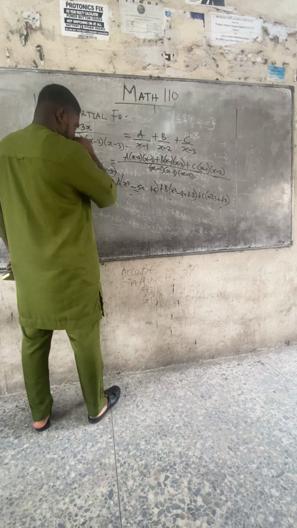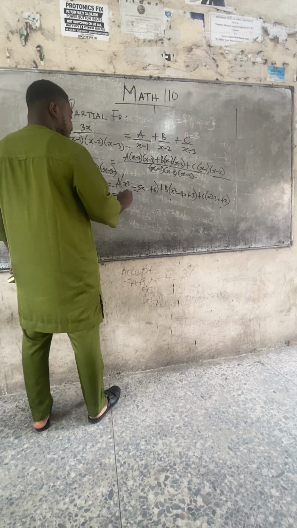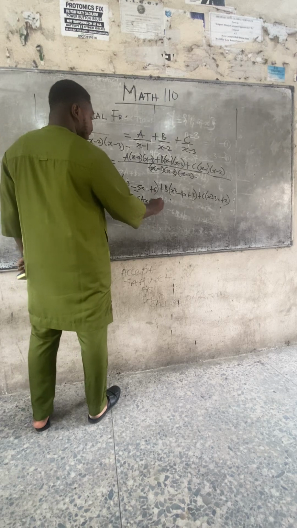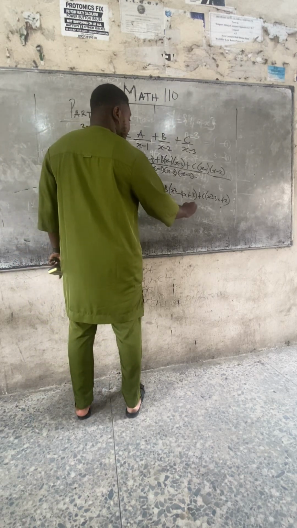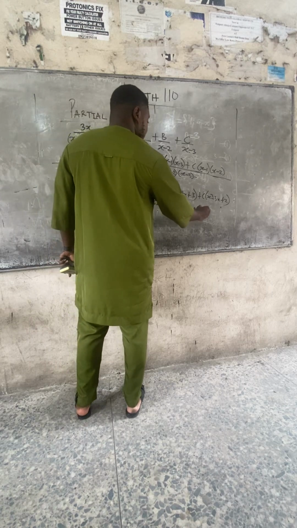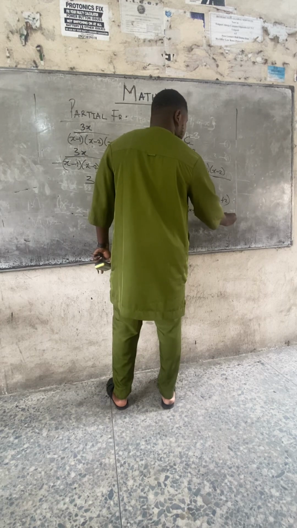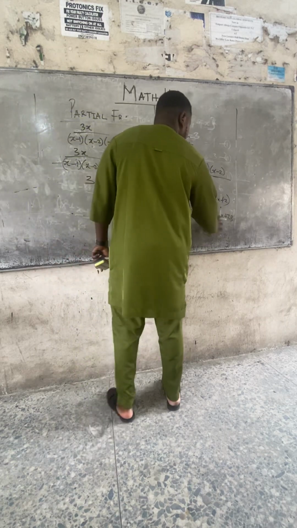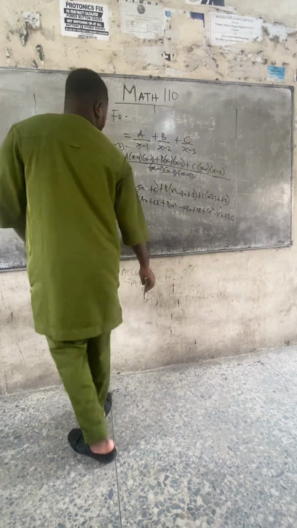Expanding the brackets, we have 3x on this side equals ax squared minus 5ax plus 6a, plus bx squared minus 4bx plus 3b, plus cx squared minus 3cx plus 2c.